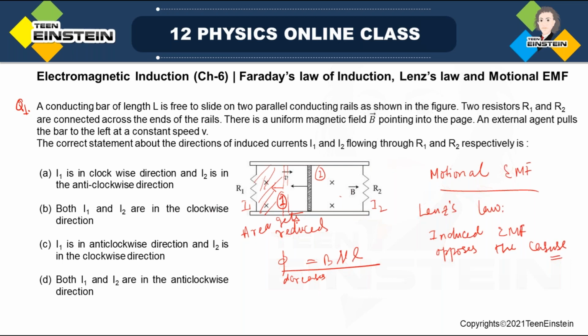If the flux decreases, the induced EMF or current will be in such a direction that it opposes the change in the flux.